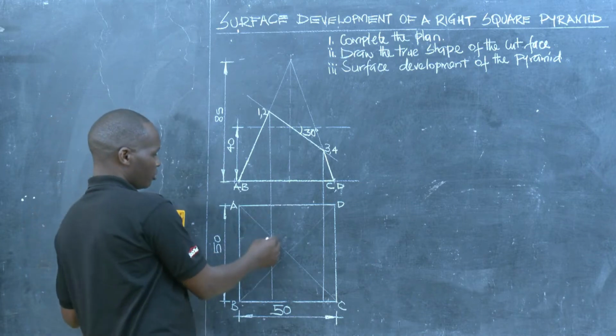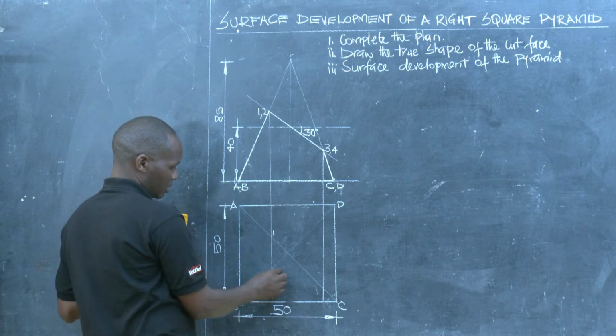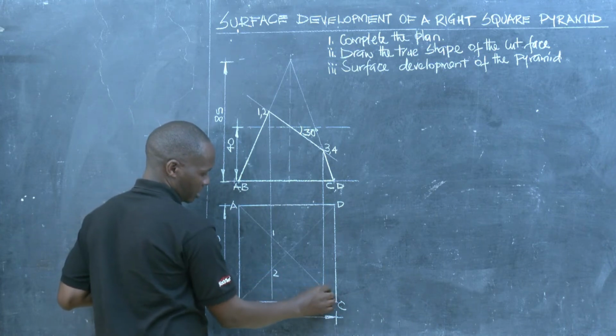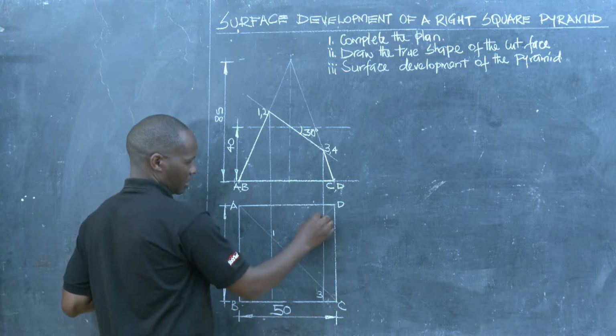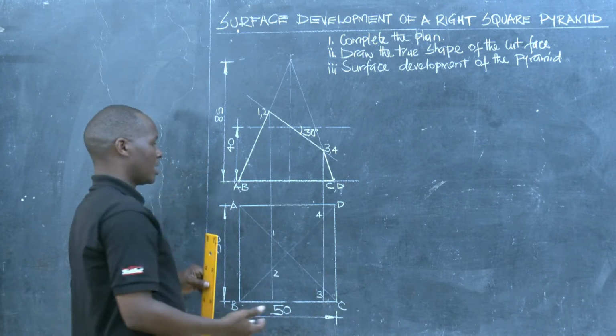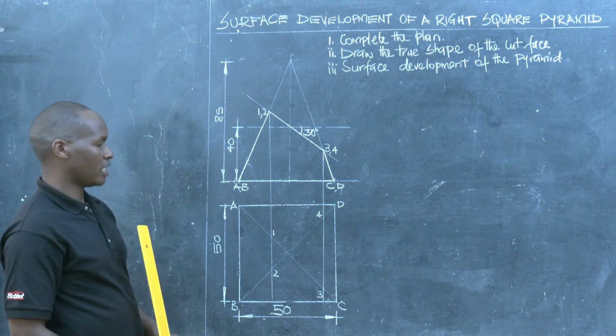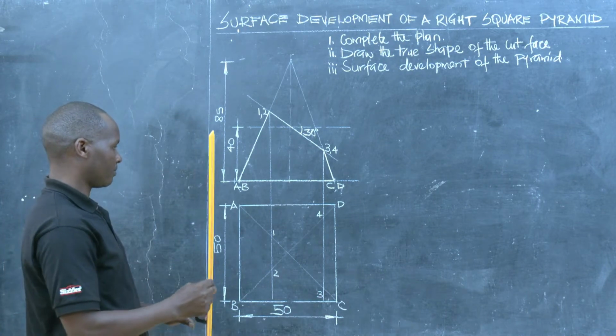So at this point we have point 1, at this point we have point 2, at this point we have point 3, and at this point we have point 4. And what remains now is to join the 4 points to define the truncated face.